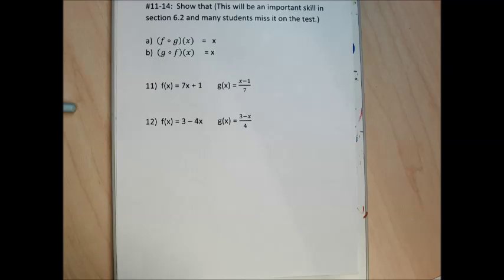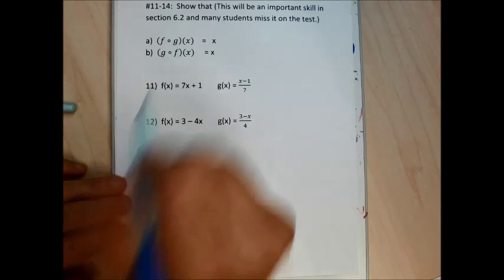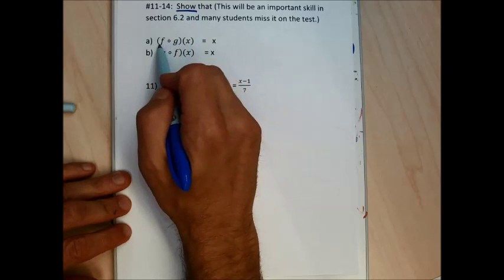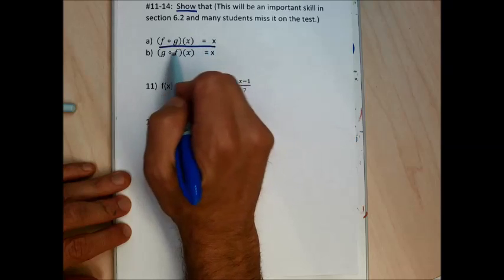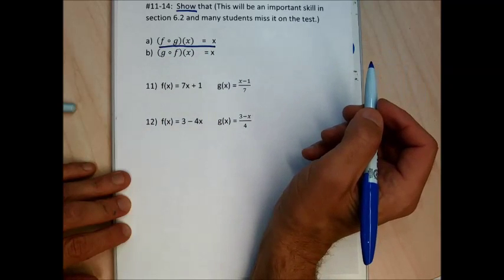So we just have 2 questions left, but each one has a part A and B. And these are proofs, and that's not the best thing for most students. The instructions say, show that f composed with g of x equals x and g composed with f of x equals x.